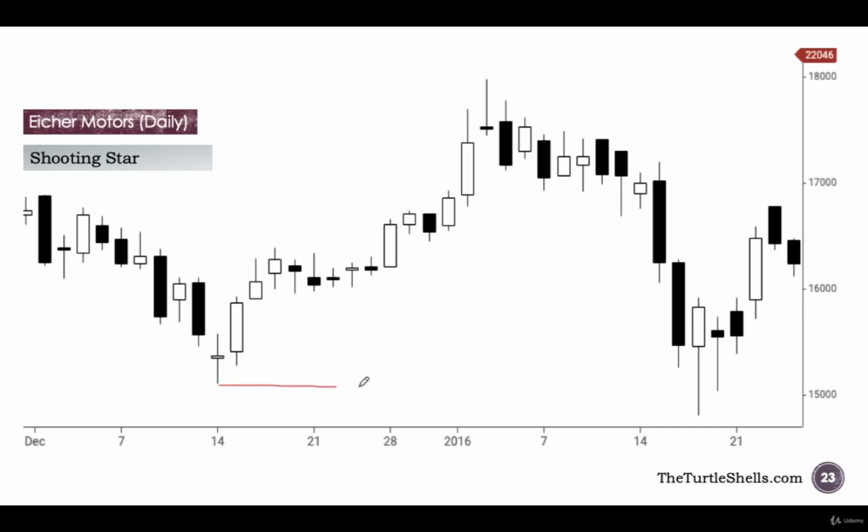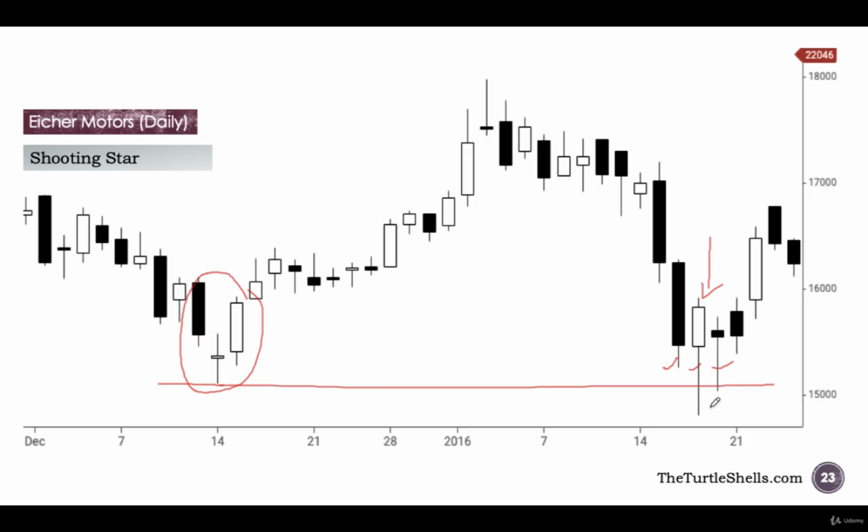If I draw a support line here, see this candle could not break below the support, because we know that the morning star is a very powerful bullish pattern. So none of these three candles could close below the support created by the morning star.